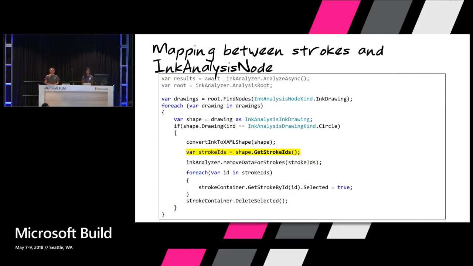Stroke ID is an important concept to keep in mind: it uniquely identifies an ink stroke in the ink canvas and also in Ink Analyzer. So once you decide to convert ink and remove it from the ink canvas, remember to use that stroke ID from the node to remove it from the stroke container.